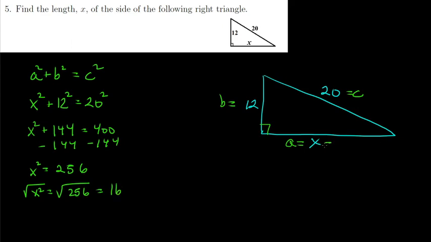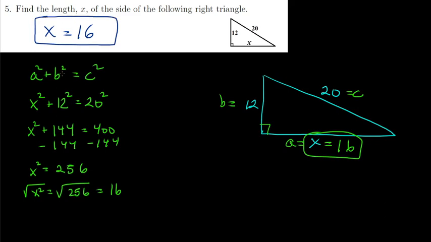So, yep, the length x here has to be 16 units. And that's the answer to the question, right? Now, I didn't tell you whether it's 16 feet, 16 inches, 16 meters, 16 miles, right? So 16 units, whatever units we're using for distance here.